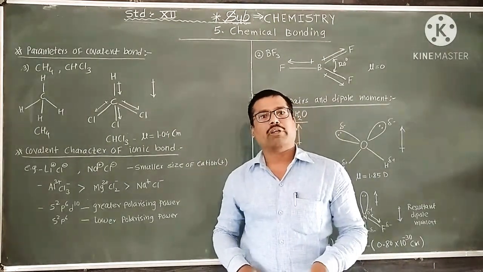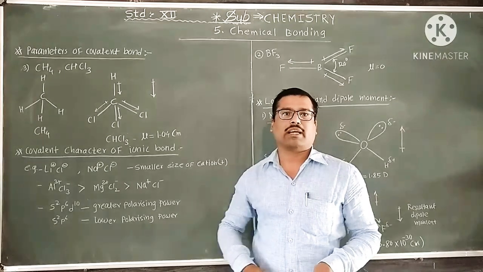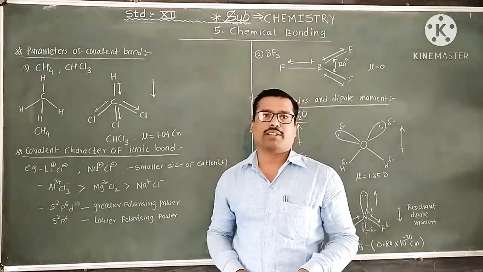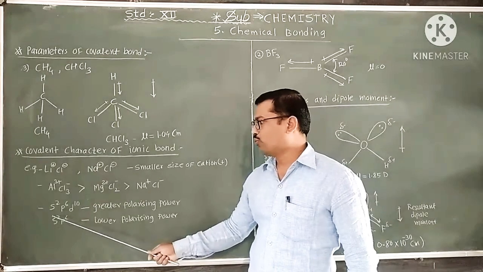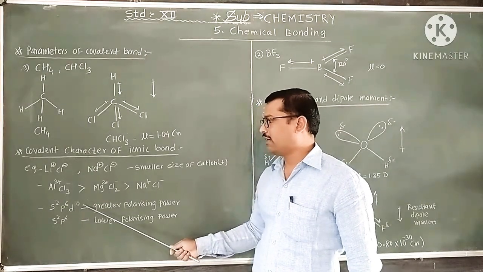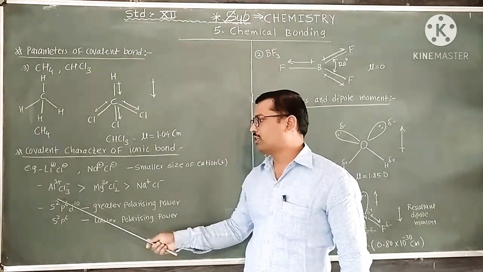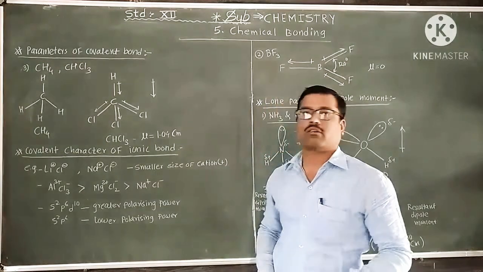And a cation with an outer electronic configuration of s2 p6 d10: jya cations chya outer electronic configuration madhe s2, p6 and d10 electrons astil, s madhe 2, p madhe 6 and d madhe 10.